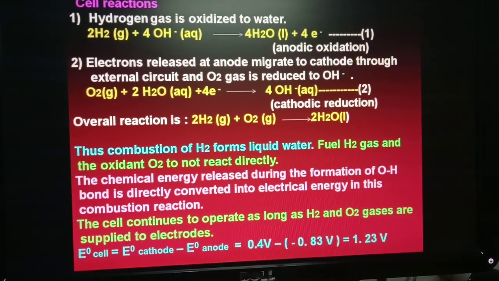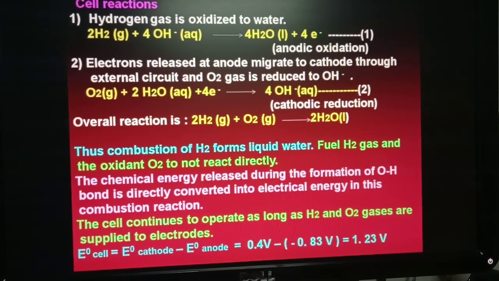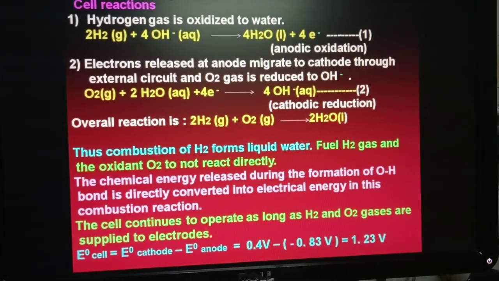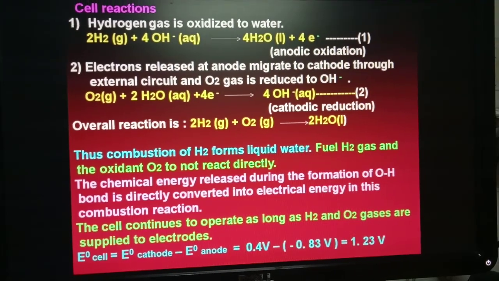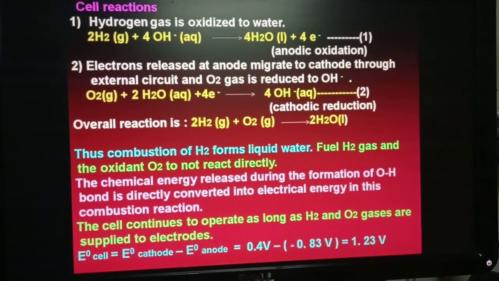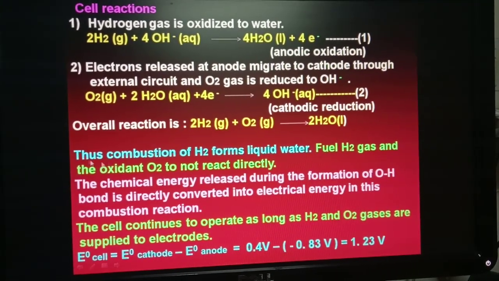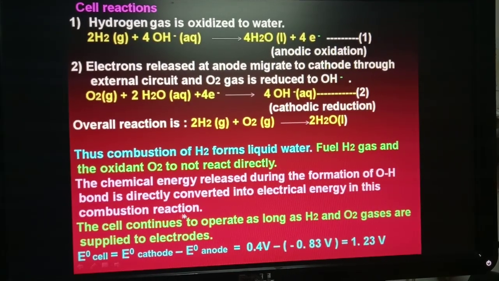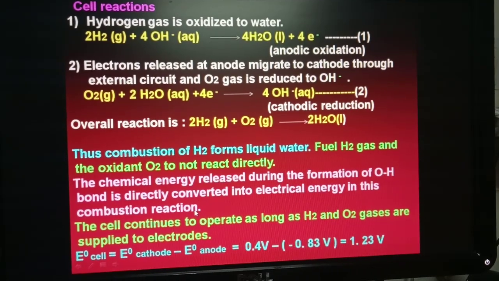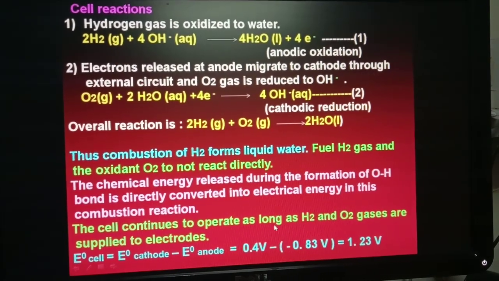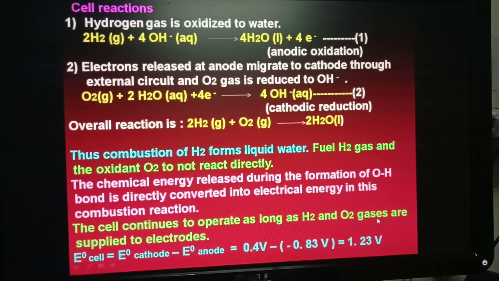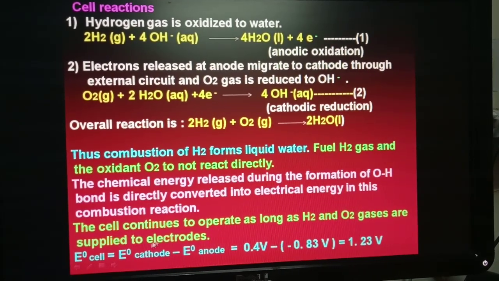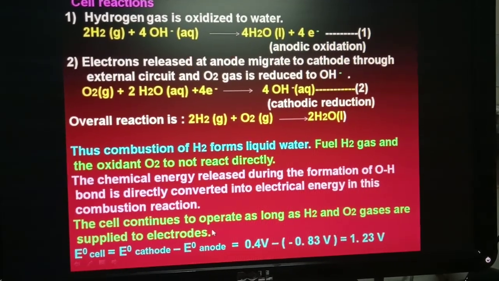Fuel H2 gas and oxidant O2 do not react directly. The chemical energy that is released during the formation of the OH bond is directly converted into electrical energy in this type of combustion reaction. The cell continues to operate as long as H2 and O2 gases are supplied to the electrodes.